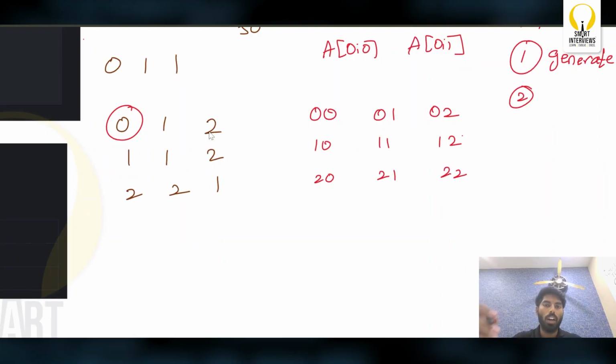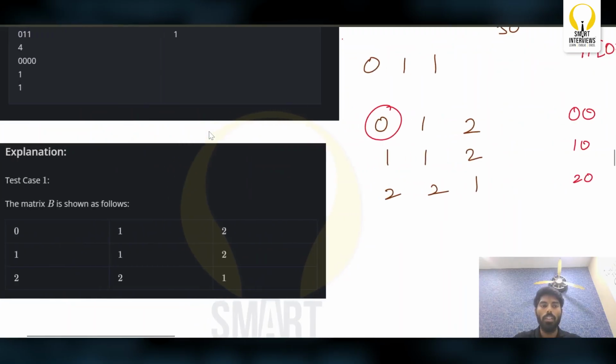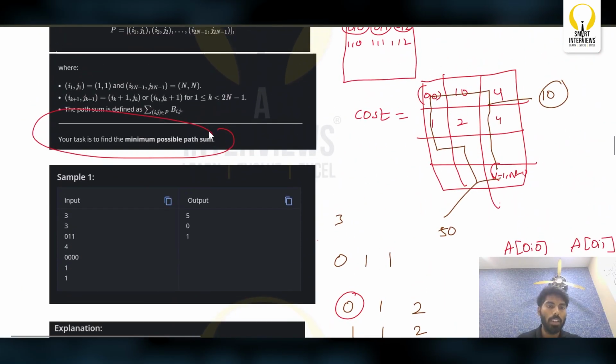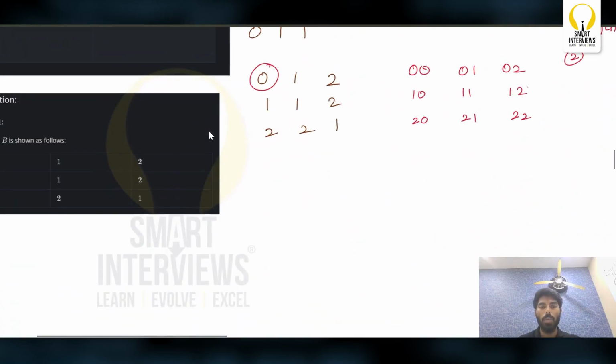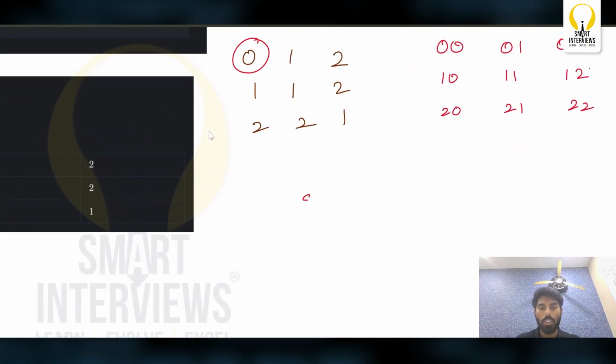But here, did I mention in which ways we can iterate? No, right? So here it is mentioned that from any point, let's say i comma j, you can either go to the right cell, so the indexing will change to i comma j plus 1, or go to the bottom cell, so the indexing will change to i plus 1 comma j.